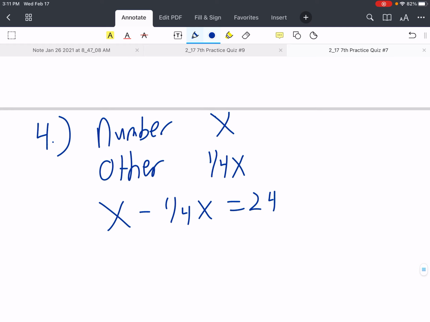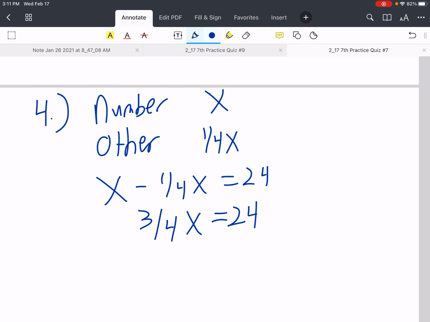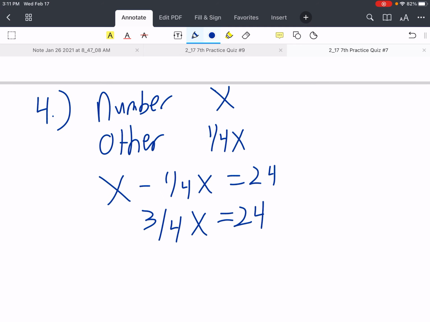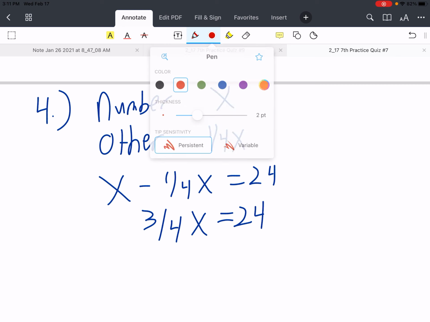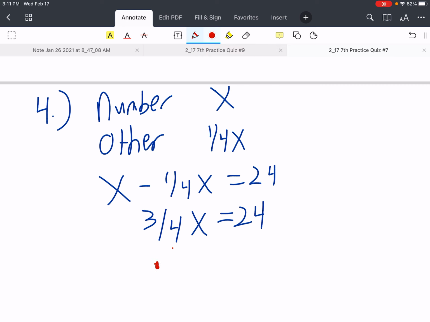x minus 1/4 of x equals 3/4 x, which equals 24. And to figure out what x equals, we're going to divide both sides by 3/4, which is the same thing as multiplying both sides by 4/3.